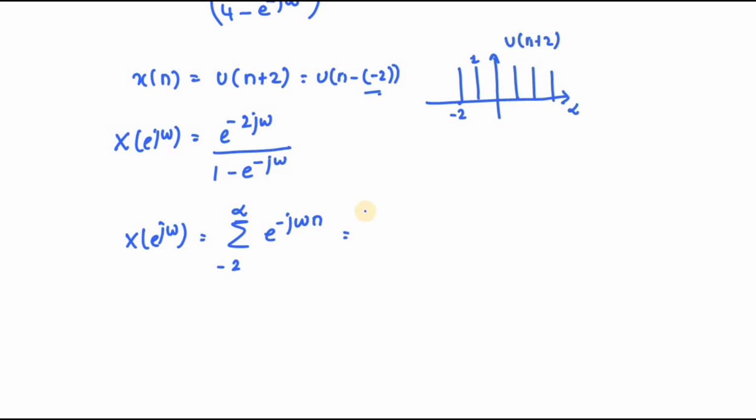If I substitute, you will get e power 2j omega plus e power j omega, and if I substitute 0, it becomes 1, and if I substitute 1, it becomes e power minus j omega, and so on, up to infinity.